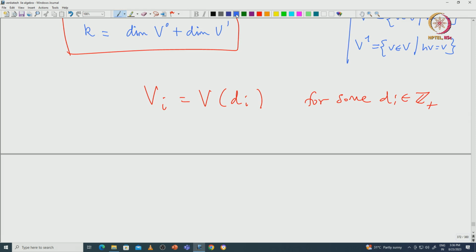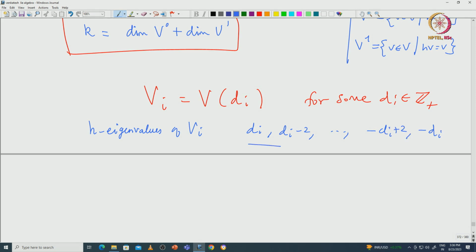But what are all the H eigenvalues of this capital V i? The H eigenvalues of this capital V i are nothing but d i, d i minus 2 and so on, down to minus d i plus 2 and minus d i.